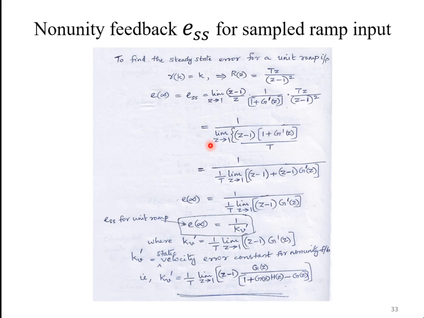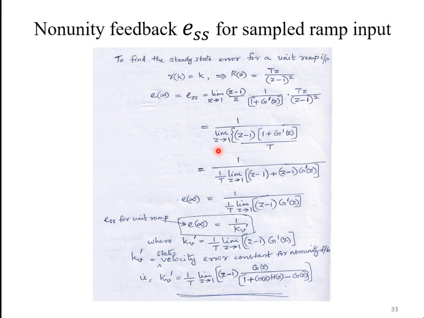Here z and z get cancelled, and z minus 1 and z minus 1 the whole square cancel out, ending up with a denominator term of z minus 1. I am dividing by T, which is the sampling period, in the numerator and denominator, so you will have limit z tends to 1 of z minus 1 in the denominator, into 1 plus g dash z divided by T. So that is equal to 1 over, and this 1 over T can be taken out of the limit because it is a constant value, the sampling period.